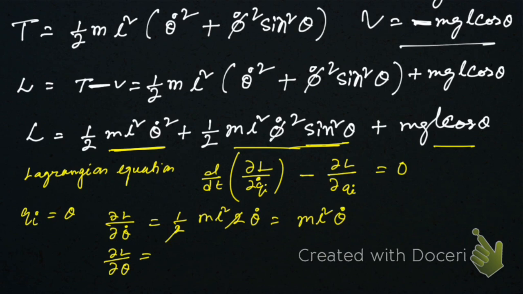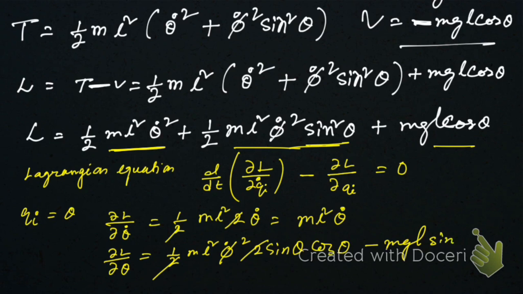If you differentiate partially, then you will get half m L square phi dot square, and the derivative of sin square theta is 2 sin theta, and the derivative of sin theta, this is a function of a function, will be cos theta, right? Here these two cancel. Then the derivative of mgL cos theta is going to be minus mgL sin theta. The derivative of cos theta is minus sin theta, right?